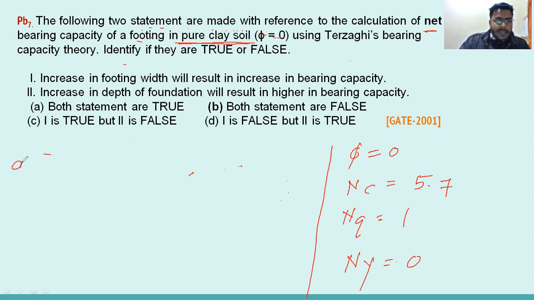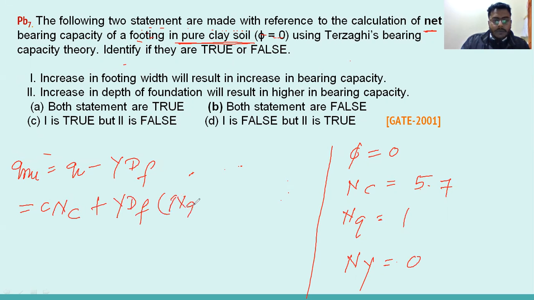So directly we can write QNU, that is QU minus gamma DF. So you can write C NC plus gamma DF (NQ minus 1) plus half. What is the type of footing?